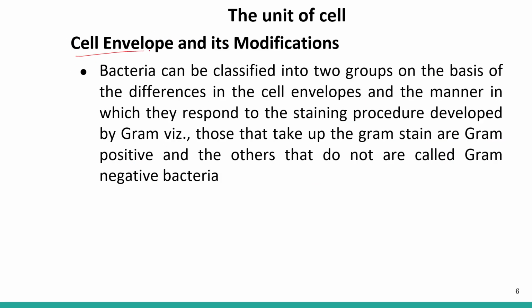Okay, the cell envelope and its modification. We have some modifications in the cell envelope. Let us see what those are. Bacteria can be classified into two groups, Gram positive and Gram negative, on the basis of the difference in the cell envelope and the manner in which they respond to the staining procedure developed by Gram. Gram was the name of the scientist who developed a stain.